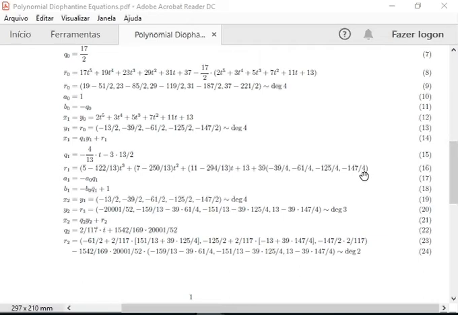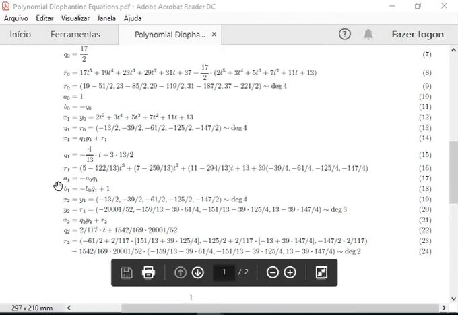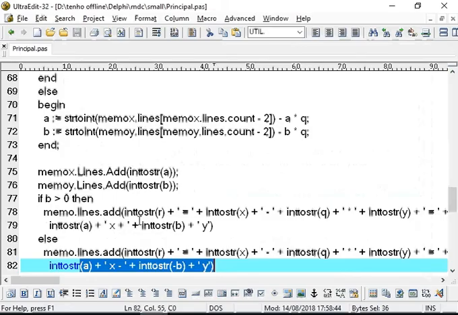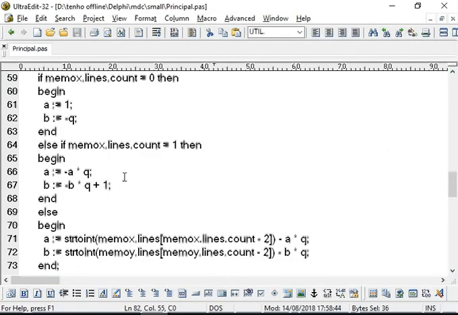Dividing a polynomial by another polynomial is fundamental. It's not high school. a1 equals minus a0 q1. b1 equals minus b0 q1 plus 1. So I remember we're using the algorithm.